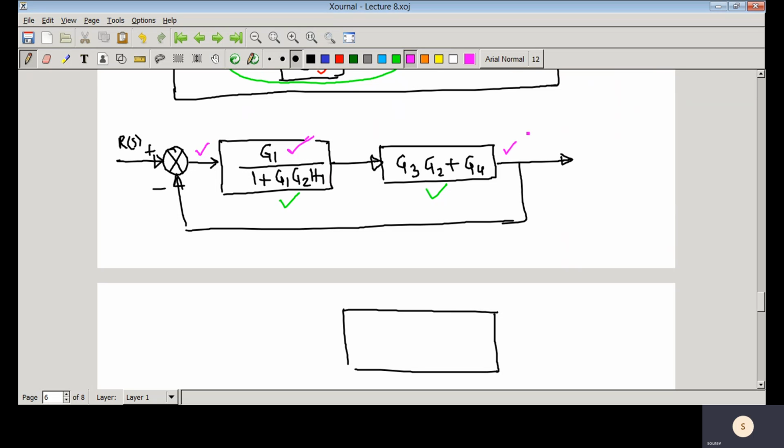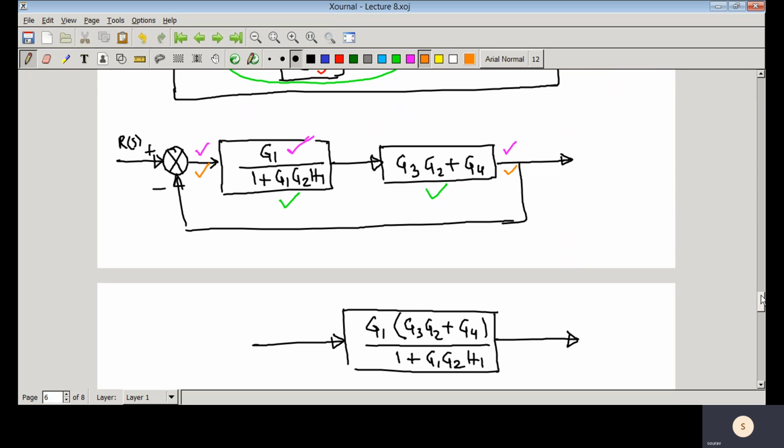The transfer function is G1 into G3 G2 plus G4 divided by 1 plus G1 G2 H1. This is the transfer function from this particular point to that particular point.